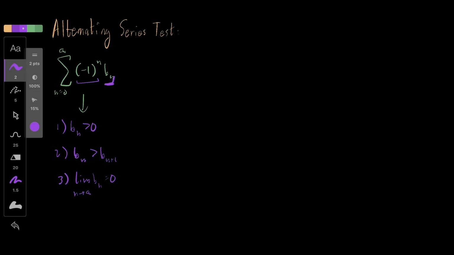Now, if you remember, we talked about the harmonic series in a previous video and how this diverges. But if you have the same thing, but instead you have an alternating harmonic series, this actually converges, because the b of n part, which is 1 by n, is greater than 0.